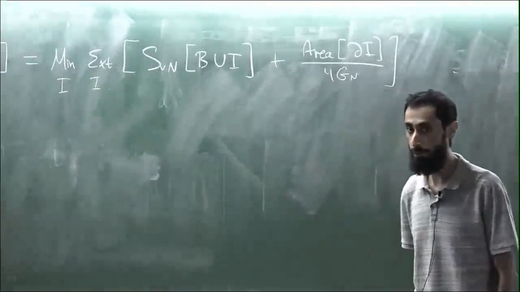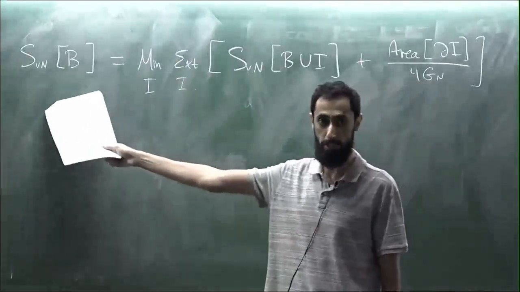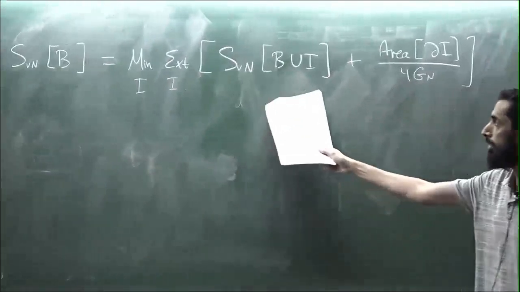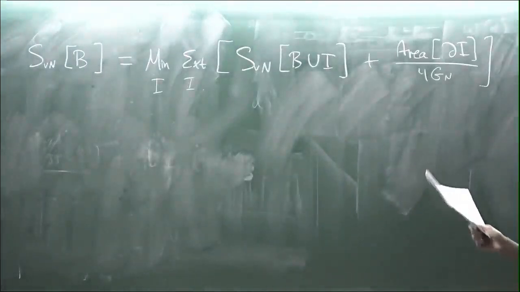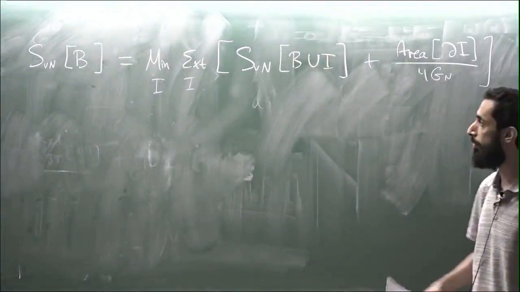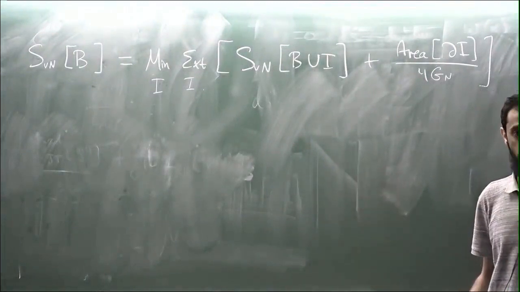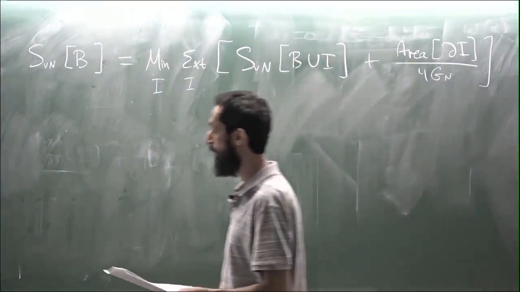Okay, so we have a formula like this. If you want to compute the von Neumann entropy of B, you're supposed to compute the von Neumann entropy of B union I plus the area term. This equation seems very weird because there's a von Neumann entropy on both sides. You're supposed to interpret this in the following way.